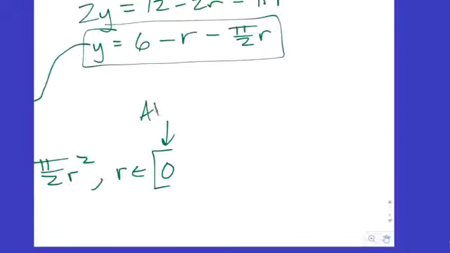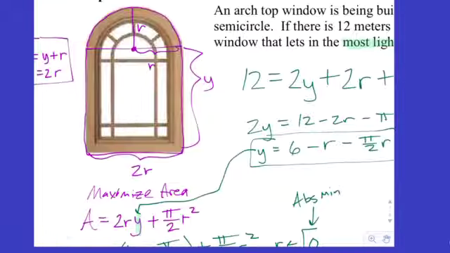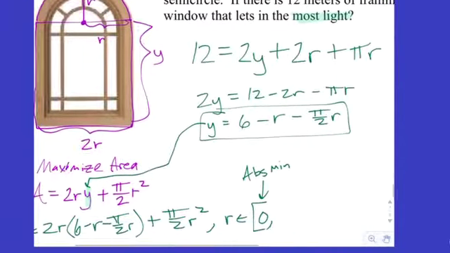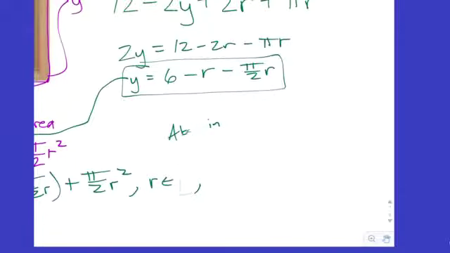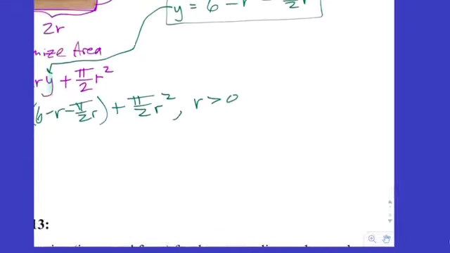That's going to be an absolute min on my interval because I won't have a window. What's the largest r could be? That would be a little bit harder to come by. So here's what I know. It's not real critical to come up with an upper bound. Just know that the radius has to be positive. How about that? We did that in the beginning. And I know that 0 is not going to work.